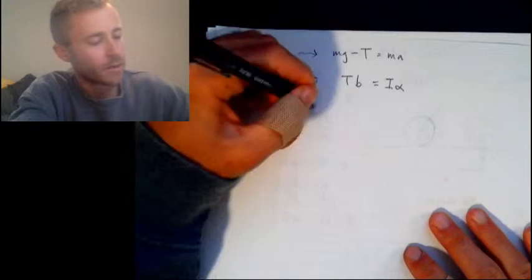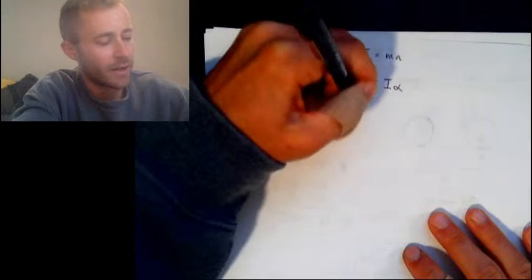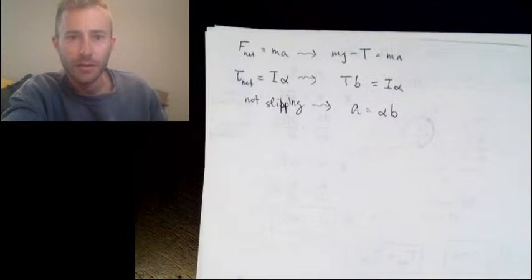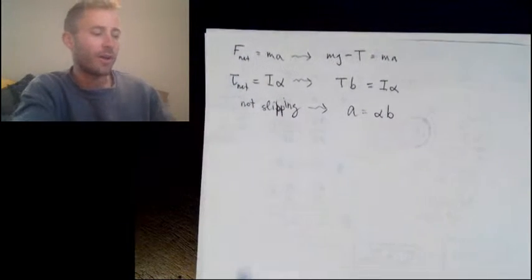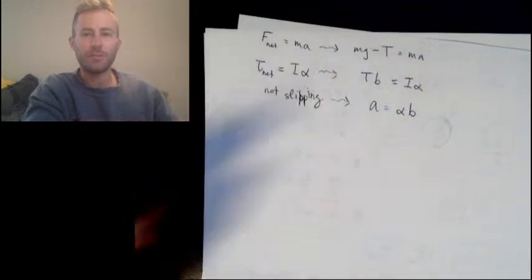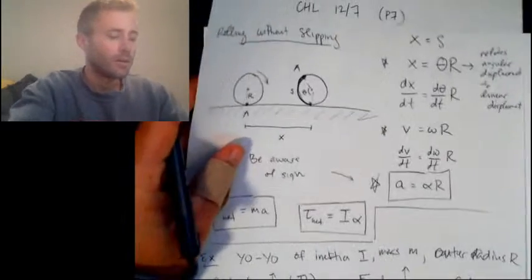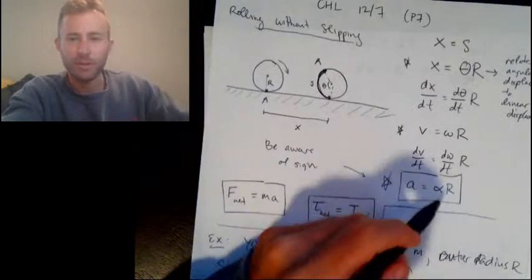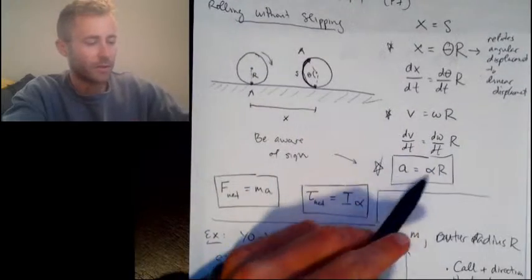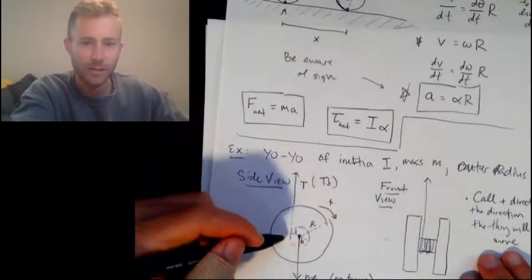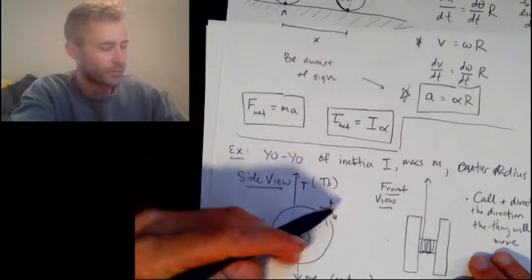Okay, so that means that A equals alpha times B. Notice how I did alpha times B. We have to be careful here. It's not A equals alpha R. There are two radii, an inner radius and an outer radius.